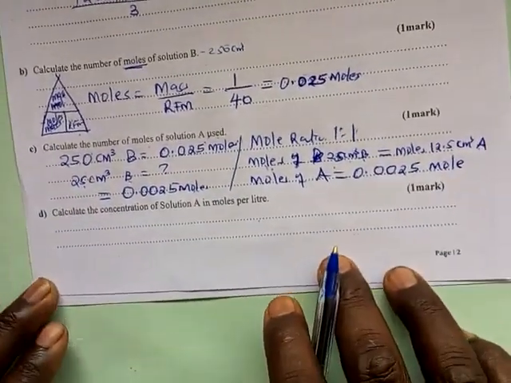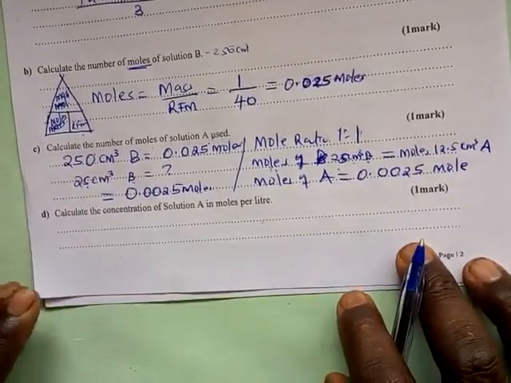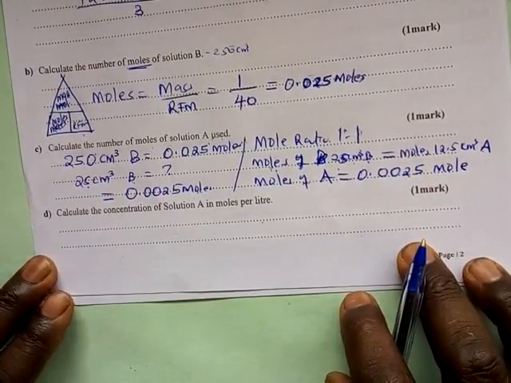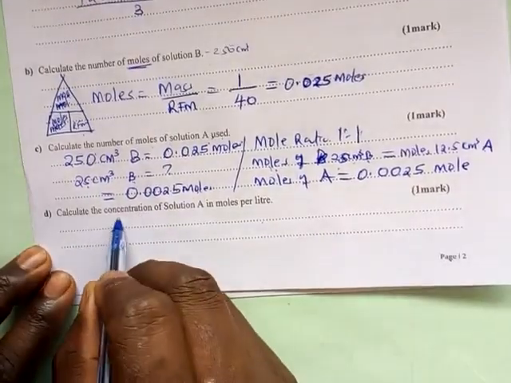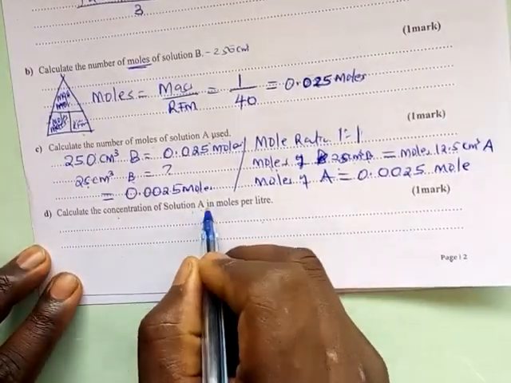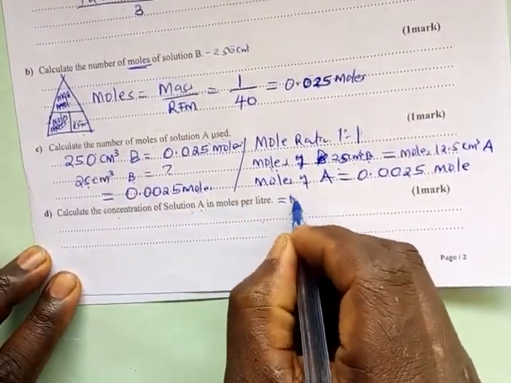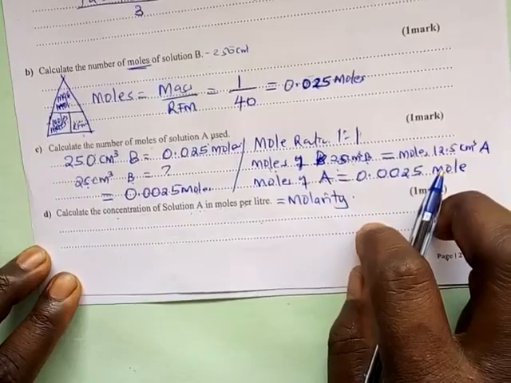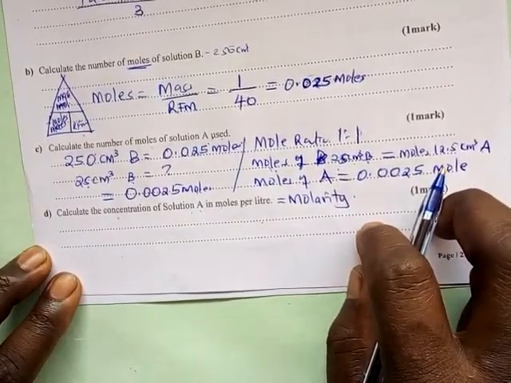So let us go ahead and finish part D. Calculate the concentration of solution A in moles per liter. That simply means molarity. Molarity is the number of moles in 1 liter.